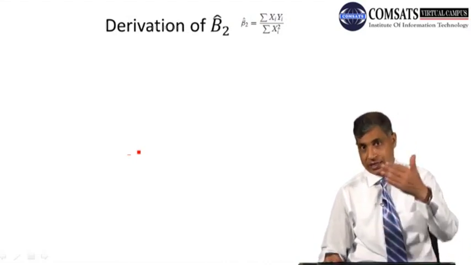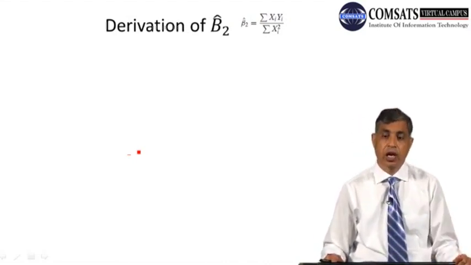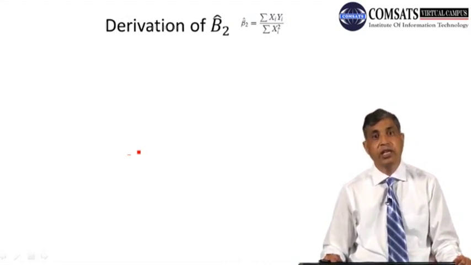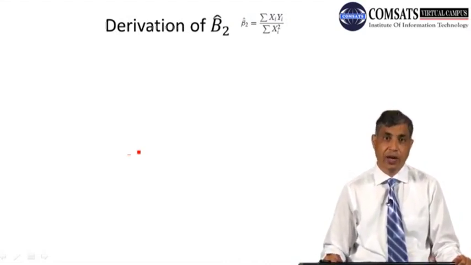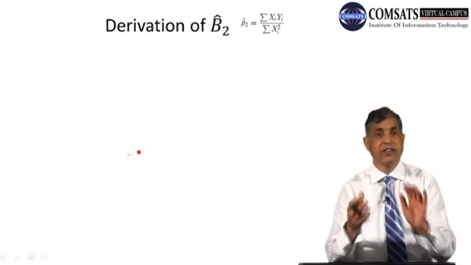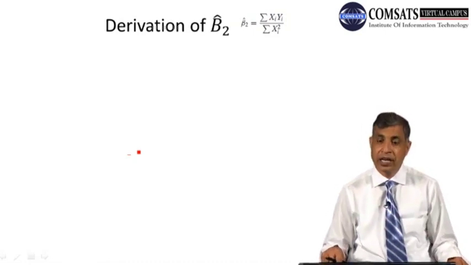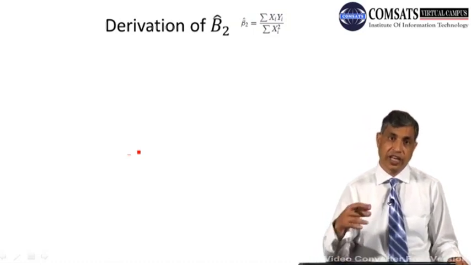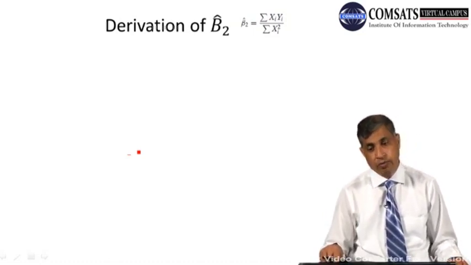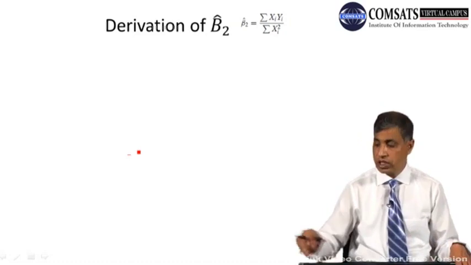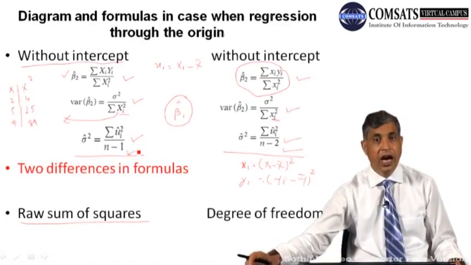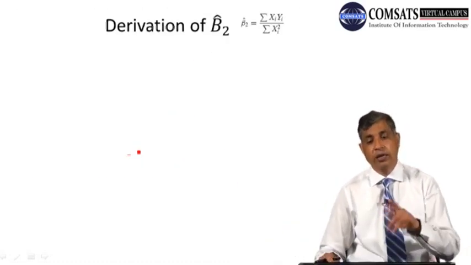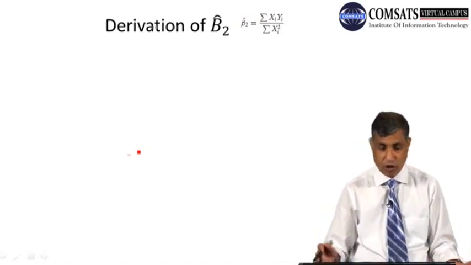This is so simple as compared to your previous one. Because beta 1 and beta 2 are very important to derive the formula, you are lucky that beta 1 is not present in the model now, and we are only concerned about the derivation of the beta 2 formula. I have written the formula here, and I am going to derive it.